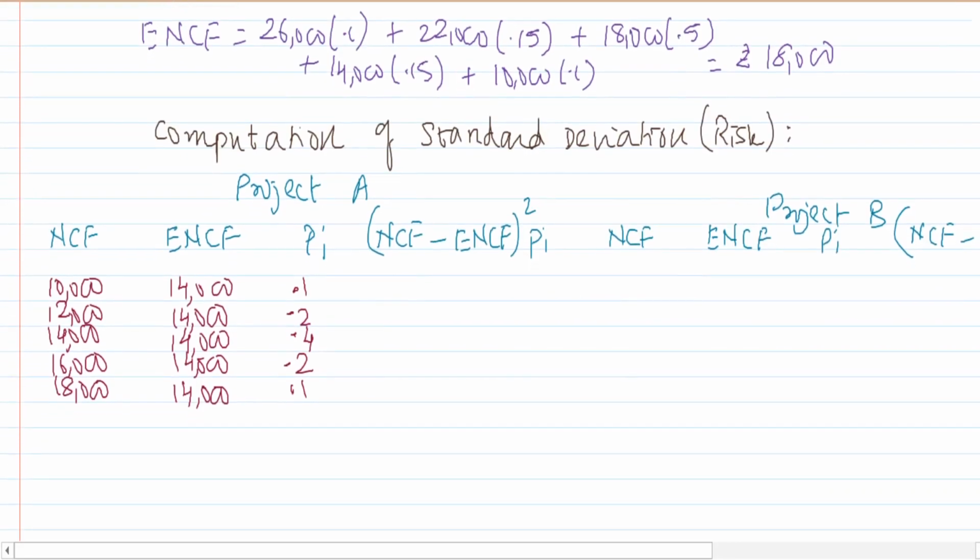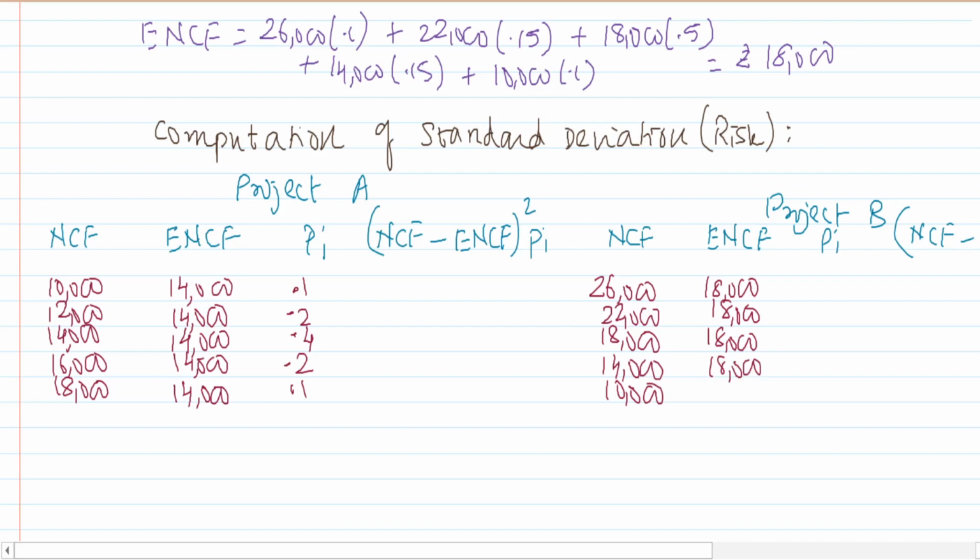Project B: 26,000, 22,000, 18,000, 14,000, 10,000. This is 18,000. Copy the probabilities: 0.1, 0.15, 0.5, 0.15, 0.1. Okay.